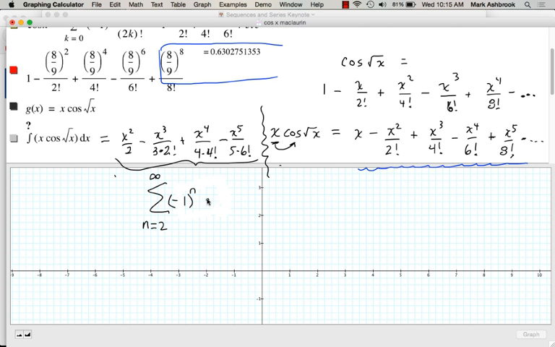Okay, then x to the n over n, and then times what factorial? So when n is 3, we get 2. When n is 4, we get 4. When n is 5, we get 6. That's a little tricky.